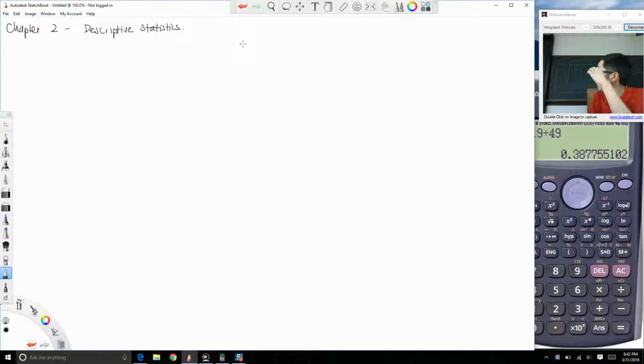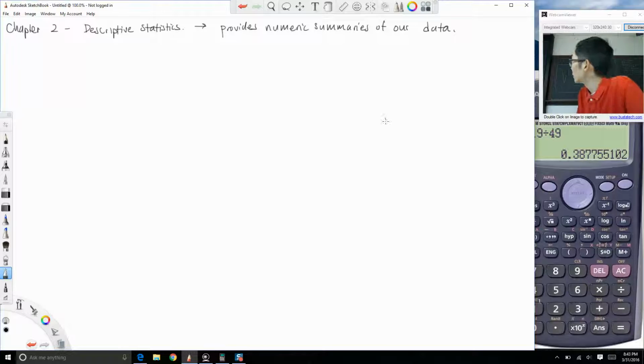The big idea behind descriptive statistics is that we are going to take a large amount of data, and this basically just provides numeric summaries of our data.